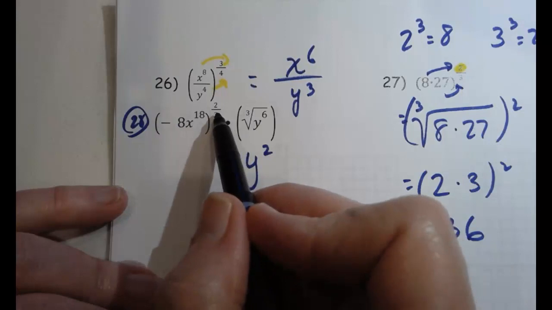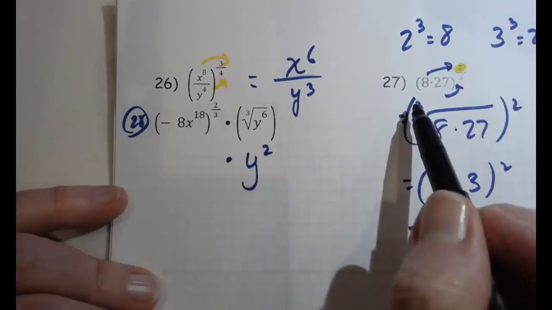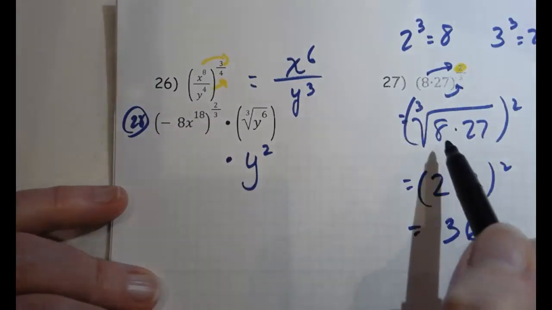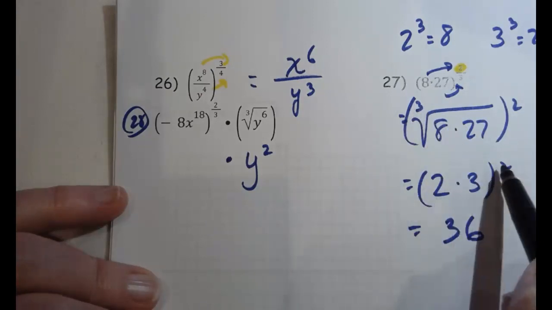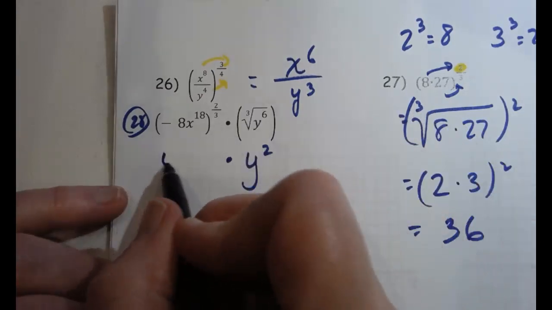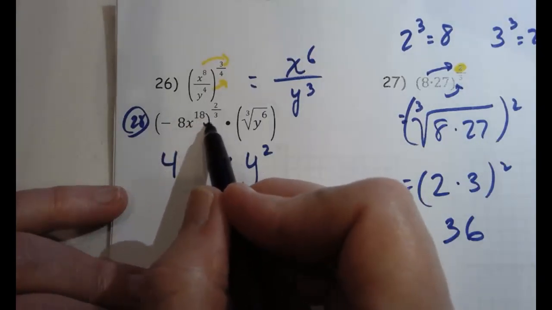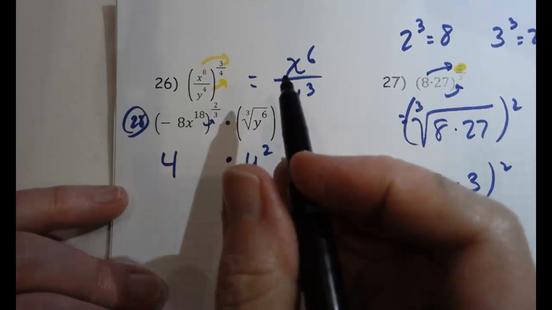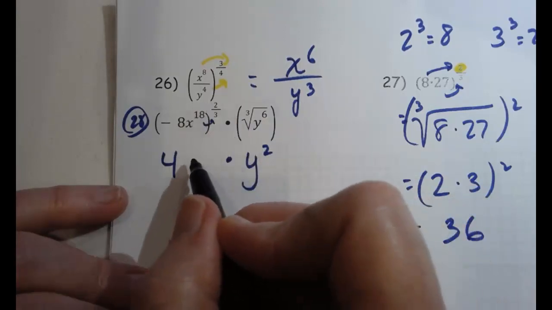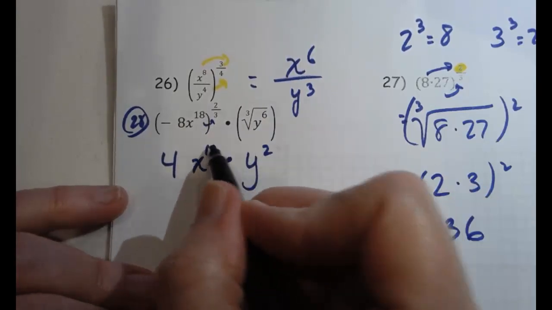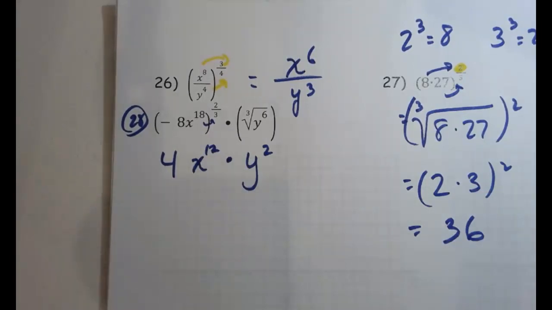Negative 8 to the 2/3, we just did 8 to the 2/3 right over here. 8 to the 2/3 is the cube root of 8, which is 2. 2 squared is 4. So we end up with 4. And then x to the 18th to the 2/3, power to power, 2/3 of 18 is 12. So 4, x to the 12th, y to the 2nd.